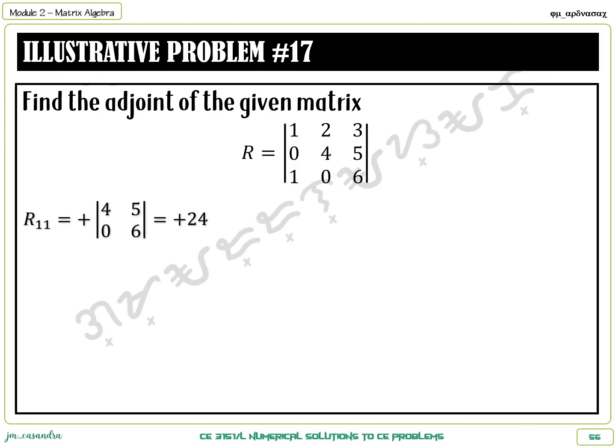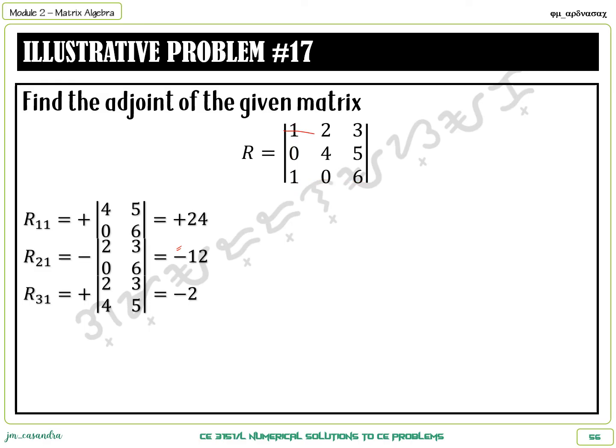And then we have 2, 1, which is 2 times 6, which is 12, minus 0, so that's 12, but the sign convention for our cofactor is negative, so it becomes negative 12. Okay. Next element, we have 3, 1, so that is now equal to negative 2.